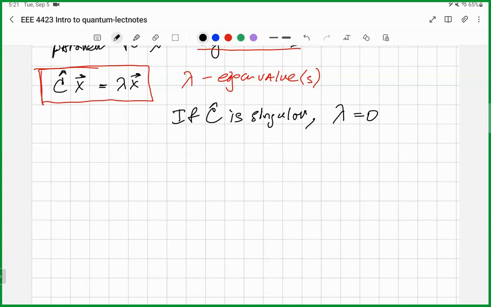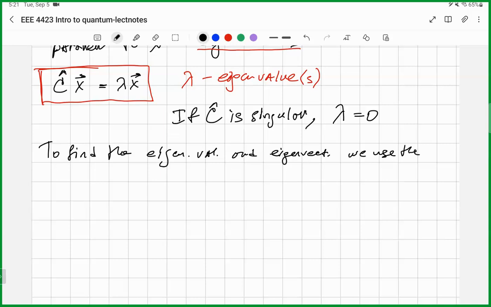To find the eigenvalues and eigenvectors, we use the characteristic equation.